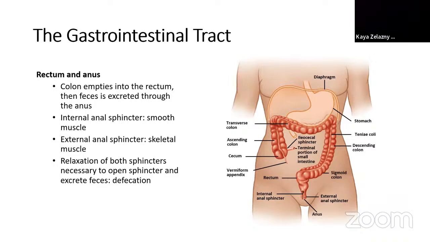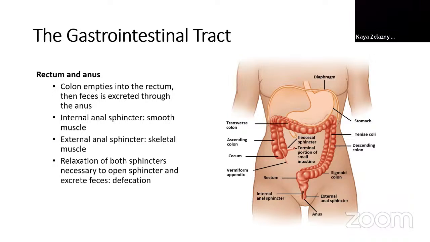So this is another place where we're going to have these pairs of sphincters, just like we saw in the bladder, just like we saw in the esophagus. So we're going to have a sphincter made of smooth muscle, and we're going to have a sphincter made of skeletal muscle. So one we can control actively and one we can't. So the internal anal sphincter is the one you can't control. The internal one is made of smooth muscle. So that's a process under autonomic control, right?